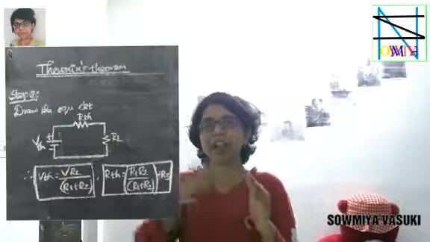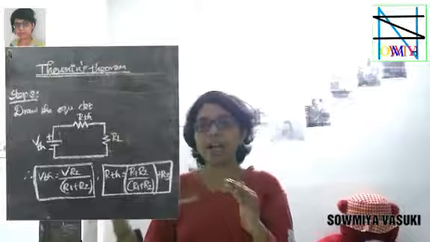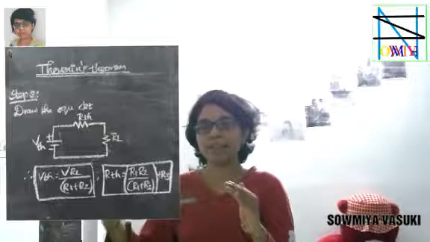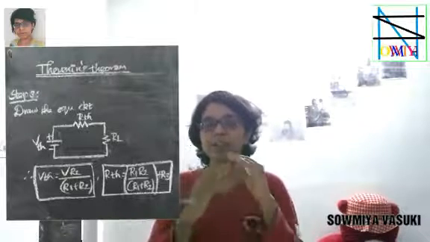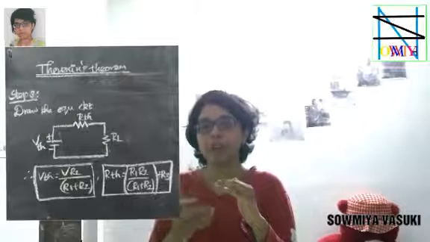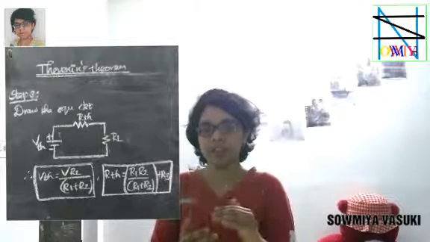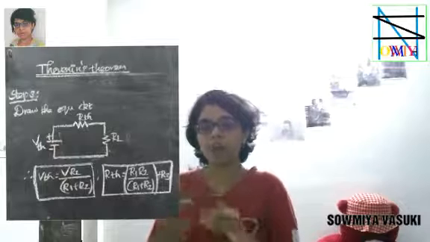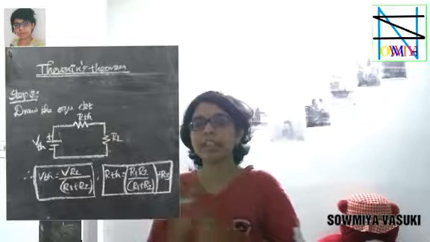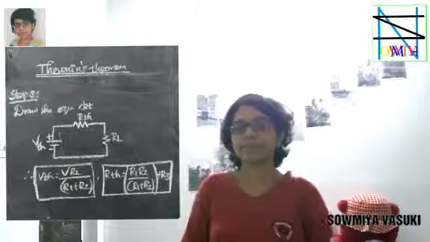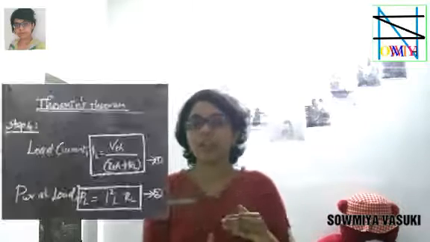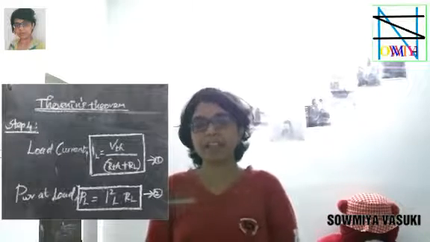So we have V Thevenin, R Thevenin and the load resistor R L at the load terminal. V Thevenin is equal to V R2 divided by R1 plus R2, and R Thevenin is equal to R1 R2 divided by R1 plus R2 plus R3. The last step is to find the load current and power at the load.